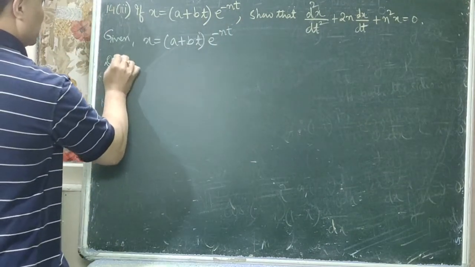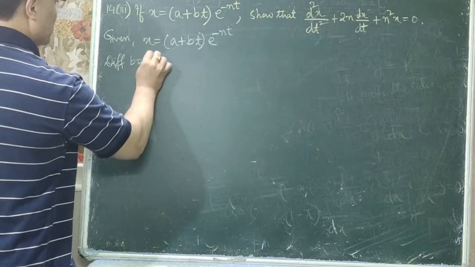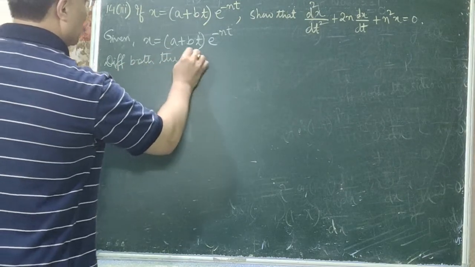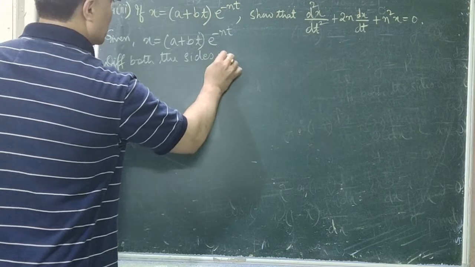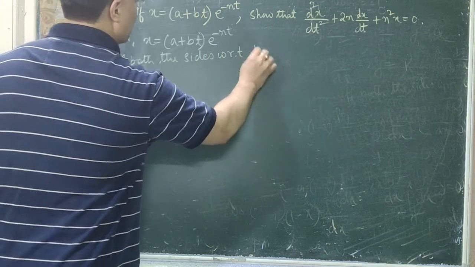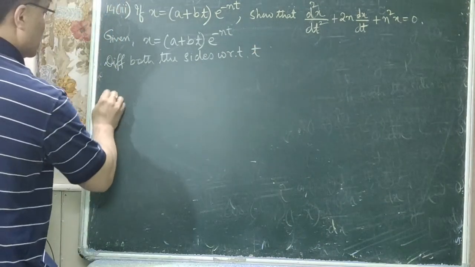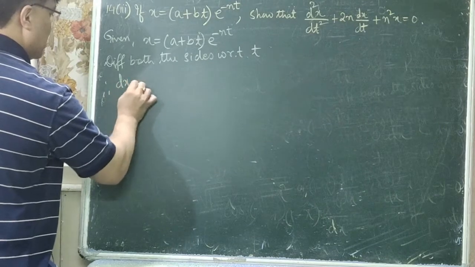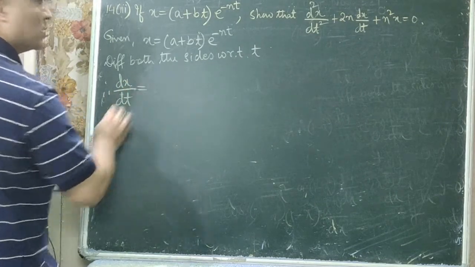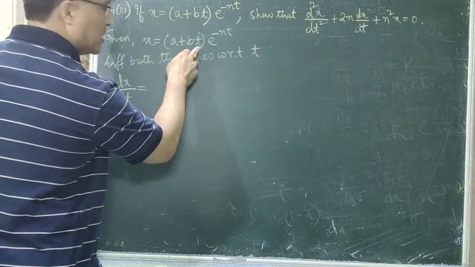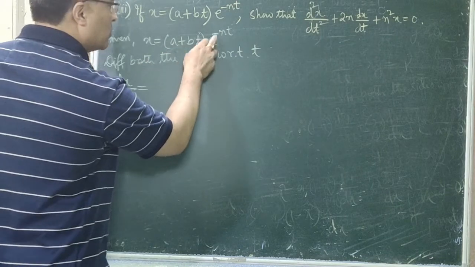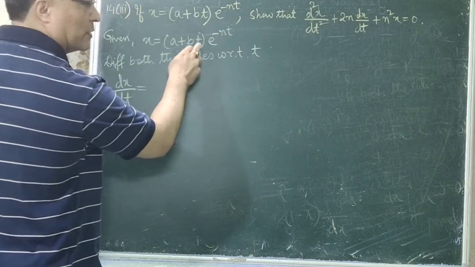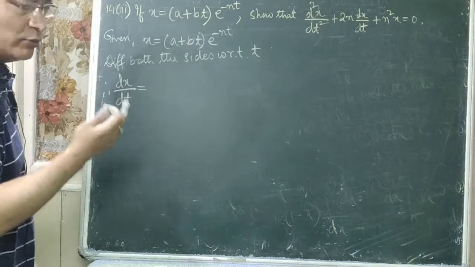Now differentiating both the sides with respect to t, let us differentiate both the sides with respect to t, right? So therefore this is dx by dt is equal to, now a plus bt, since t is there, this is the variable, e to the power minus nt, t is there, this is the variable. So you have to use uv rule or product rule.